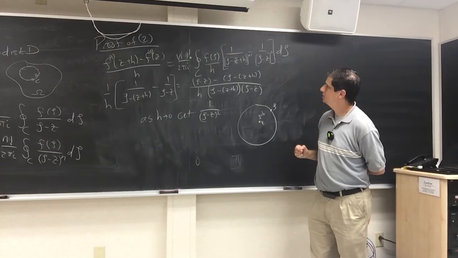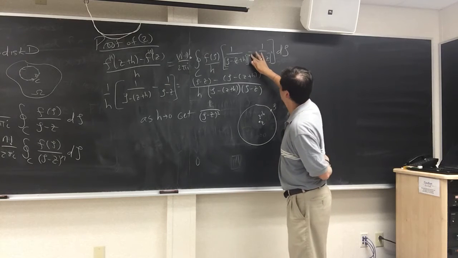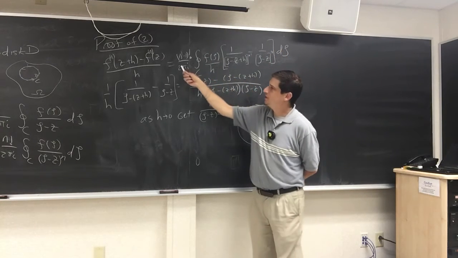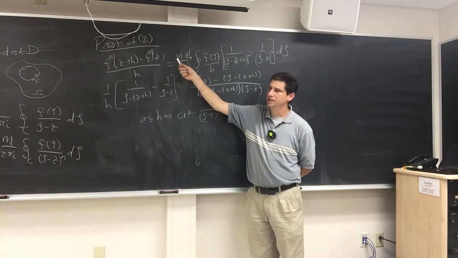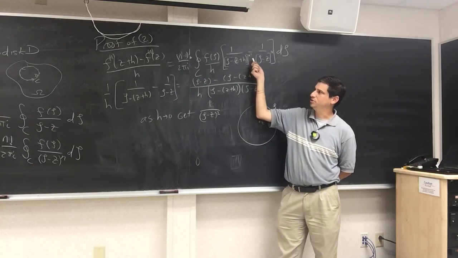So, or is it just to the nth power? No, it's to the nth power. Because when we did the first derivative, that would have been n equals 0, because we're looking at the function, and we had it to the first power.